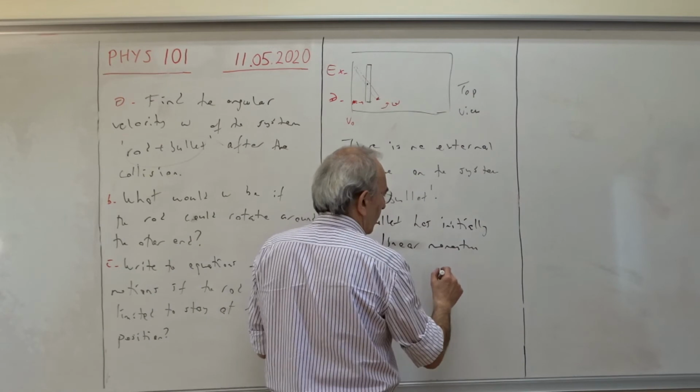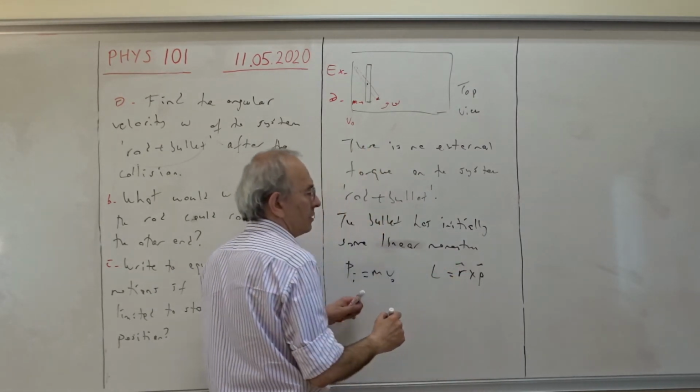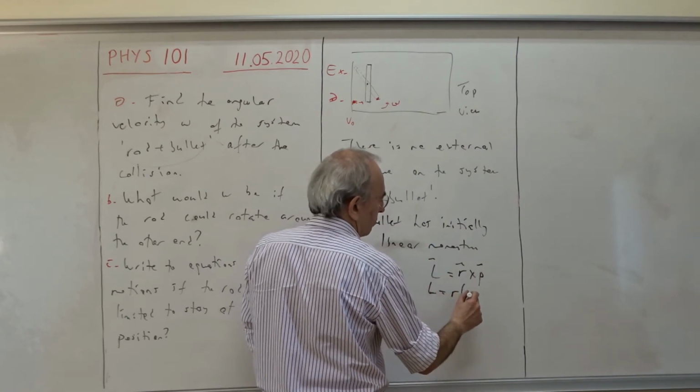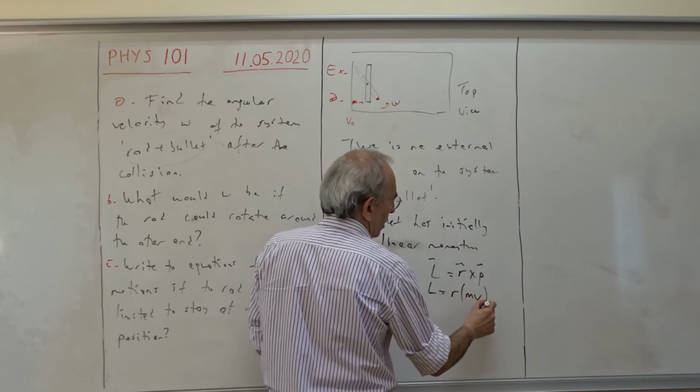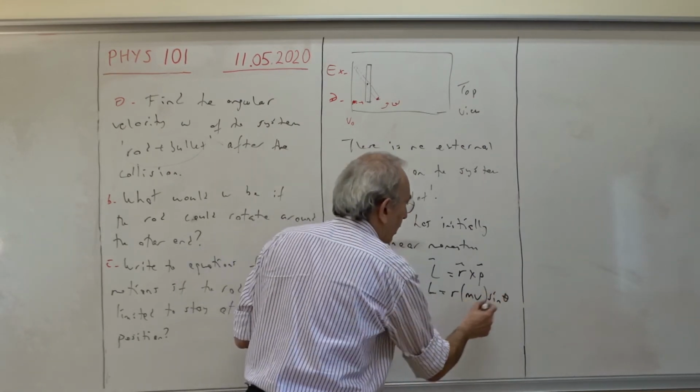And we also have the equation L is equal to r cross p. So the L magnitude is r times momentum m times v times sine of the angle in between, sine theta.